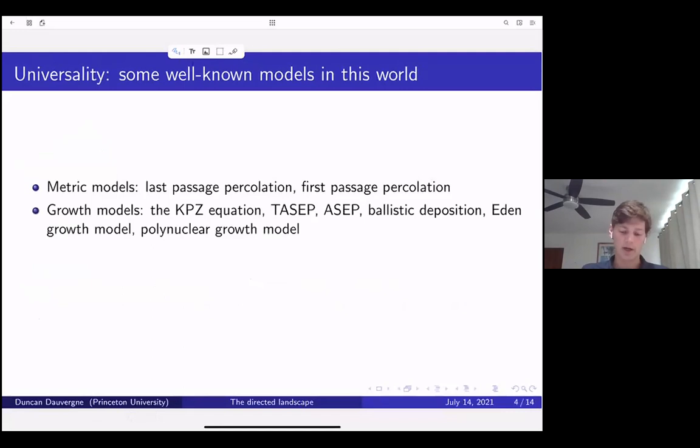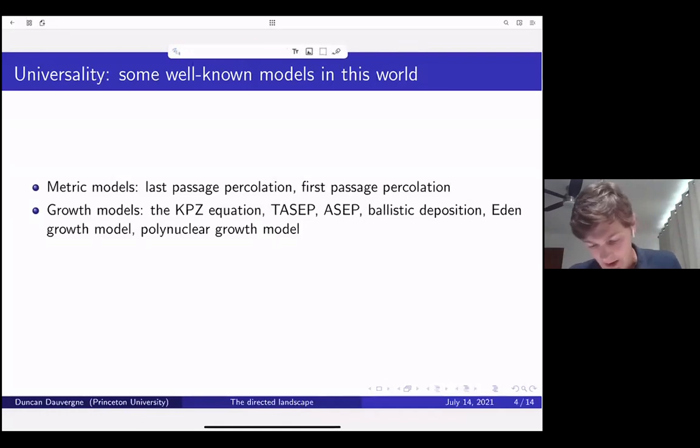You also expect the directed landscape to govern the limiting behavior of random growth models, so there's a connection between random growth and random metric models. Santiago was talking about this. For example, if you look at a growing ball in a random metric, this is a random interface growth model. Things like the KPZ equation, TASEP, and ballistic deposition can fit into this class.